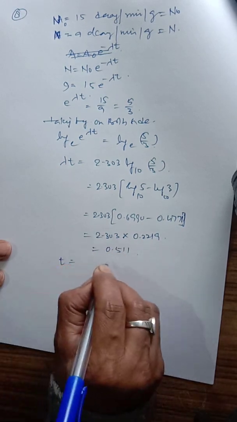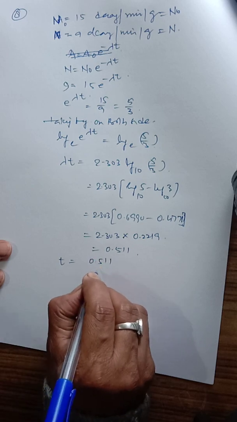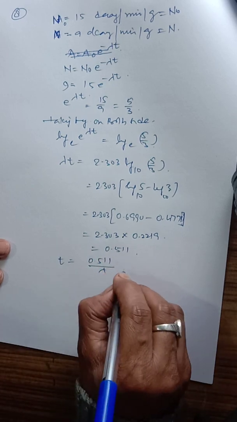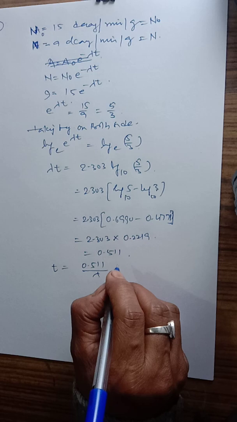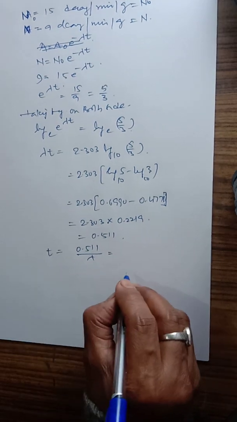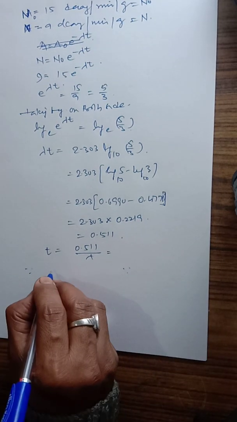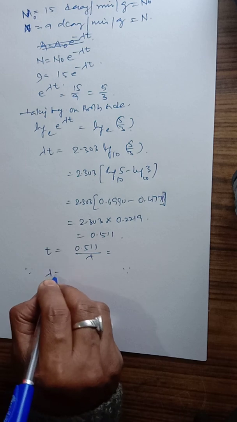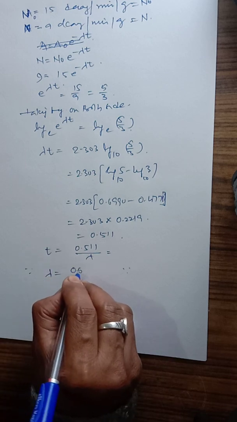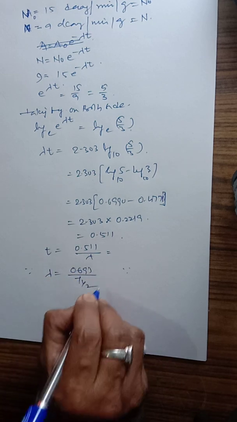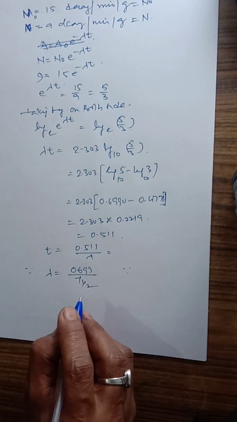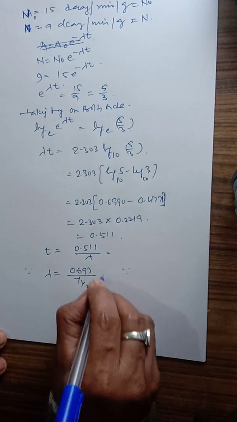So the time is equal to 0.511 upon lambda, because we know that lambda is equal to 0.693 upon t half. So this is to be used here.